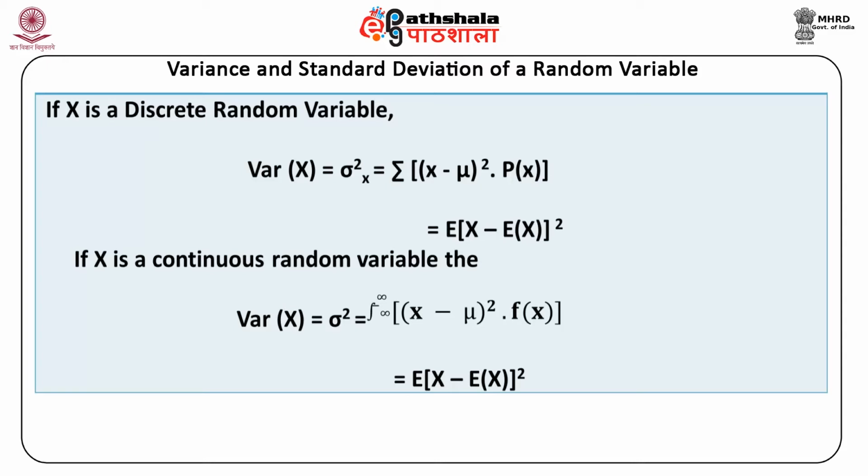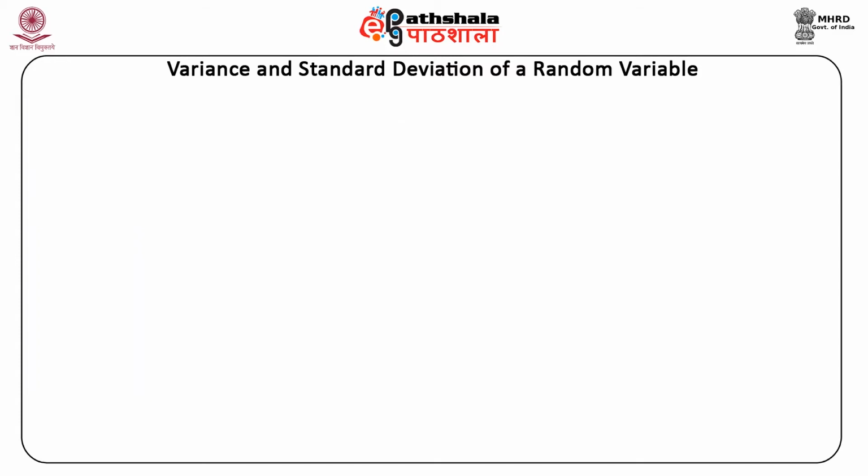For a continuous random variable, variance of X is integration from minus infinity to infinity, (x minus mu) whole square into P(x).